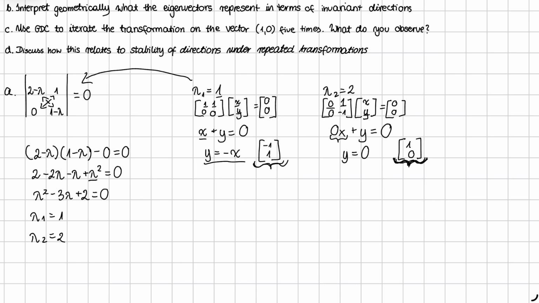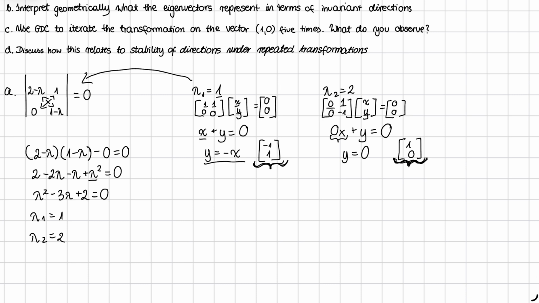So it means that this is stretched, and this eigenvector, this is basically an invariant direction scaled by 1. So it has unchanged length, and both these eigenvectors are the invariant directions of the linear map.